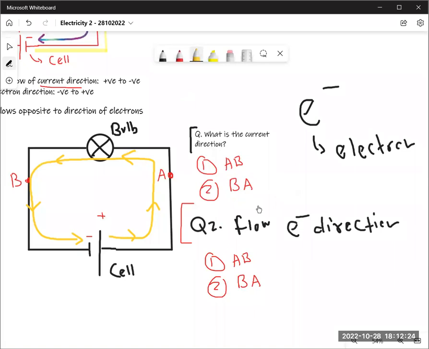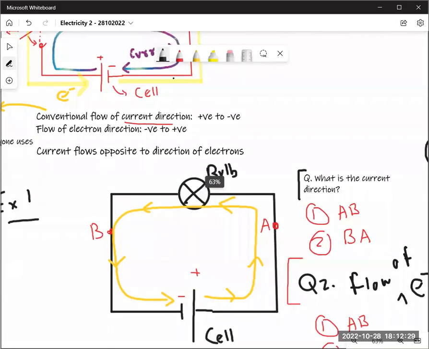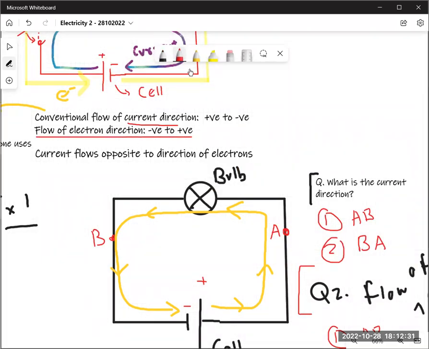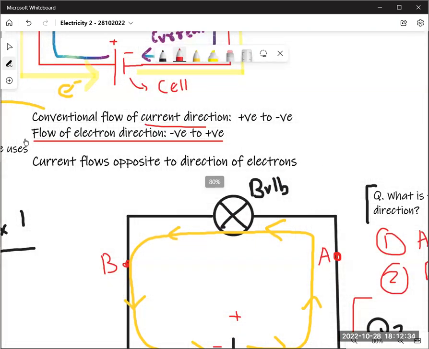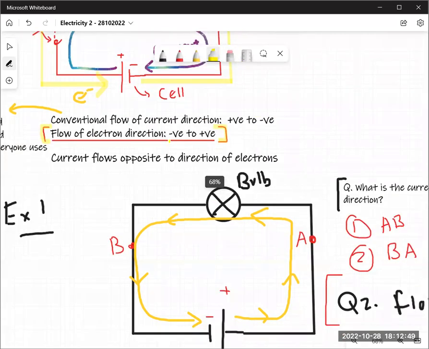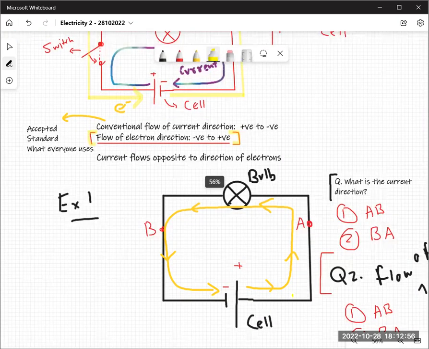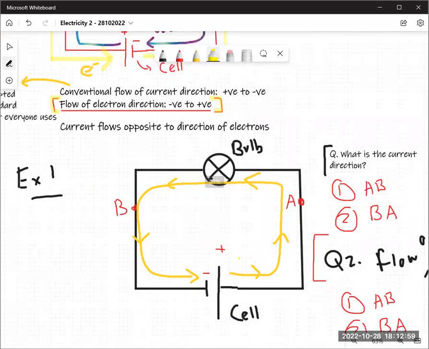We'll read the points first, which I've given you. Rana, read this part. The direction is negative to positive. It's always negative to positive.